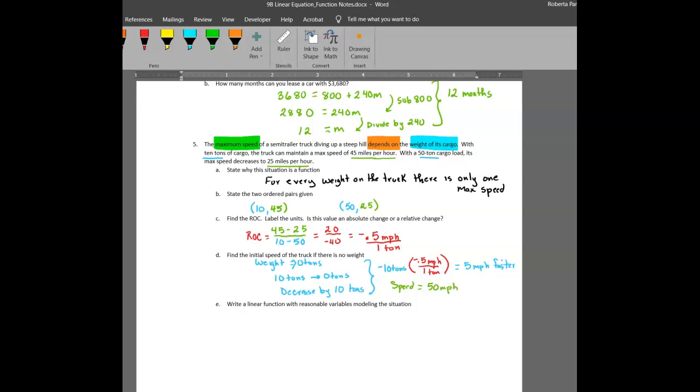So now we know that the speed is equal to the initial speed of 50 minus 0.5 for every ton or every bit of weight that you put on the truck.